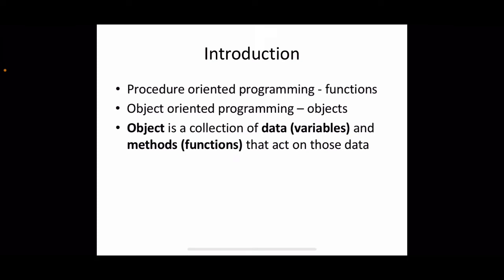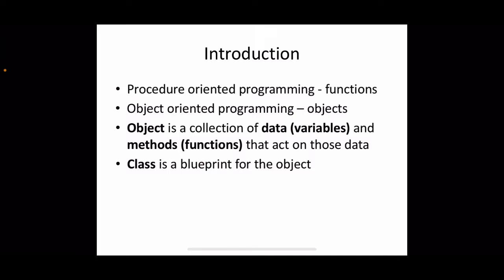We can say that an object is a collection of data, that is variables, and methods or functions. And another term, class. Class is a blueprint for the object. If we are grouping all the objects of similar kind, we can call it a class. For example, person is a class in which all of us are members. One of us is an object, right? Or another person, Asha, is another object.